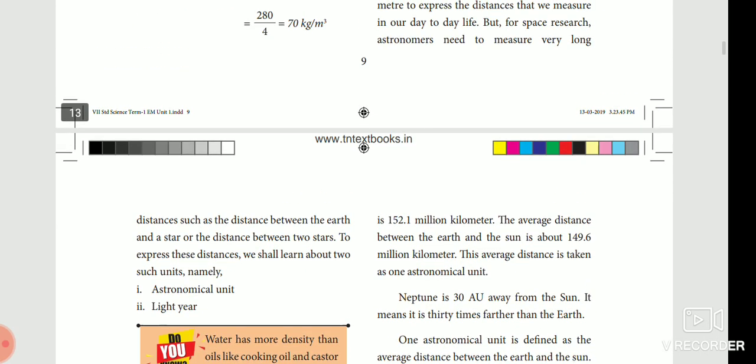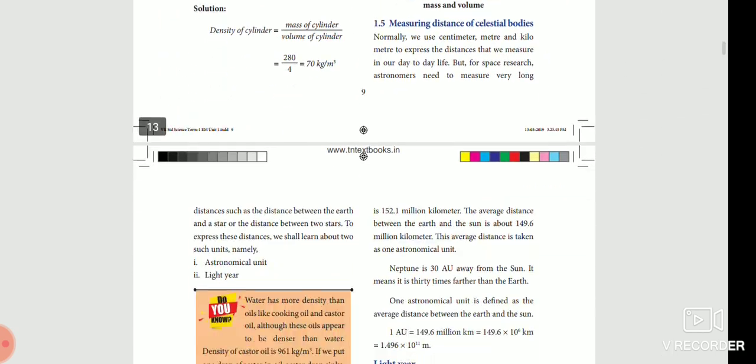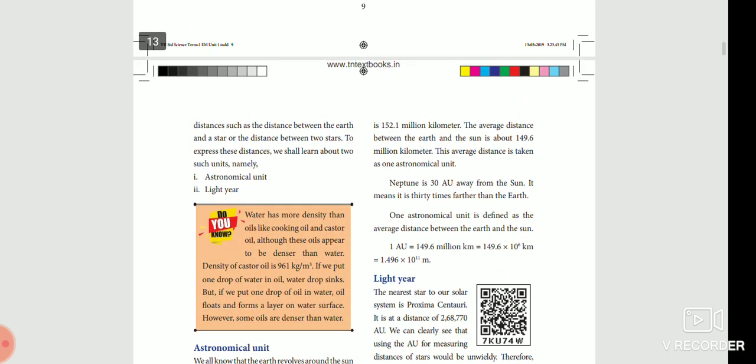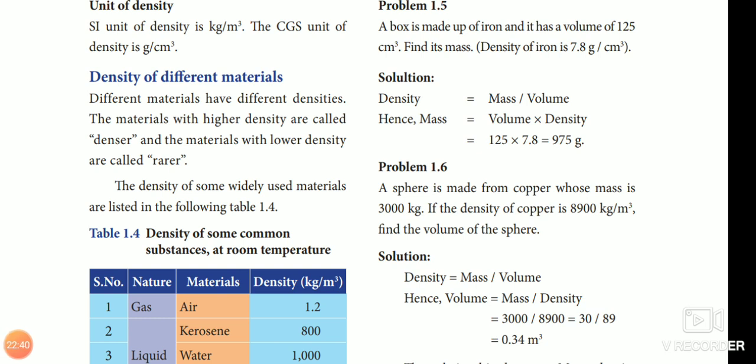Okay children, then come to problem 1.5. A box is made up of iron and it has a volume of 125 centimeter cube. Find its mass. Density of iron is 7.8 gram per cubic centimeter.